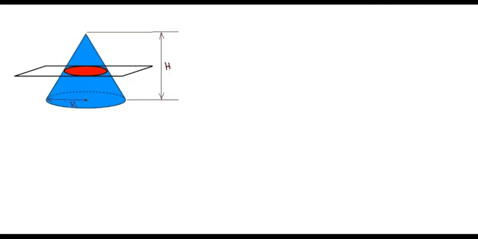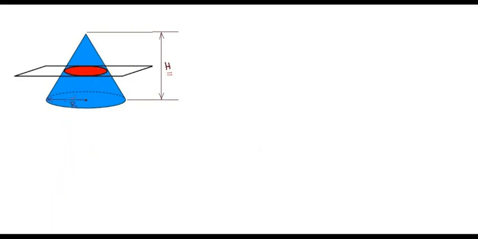The cone we consider is shown here with a base which is a circle of radius r and a height h. Again, we note that if we cut this cone with a cutting plane parallel to the base, the cross section which you see in red here is a circle.